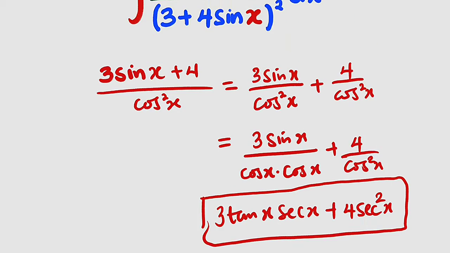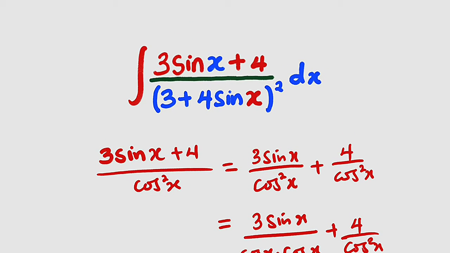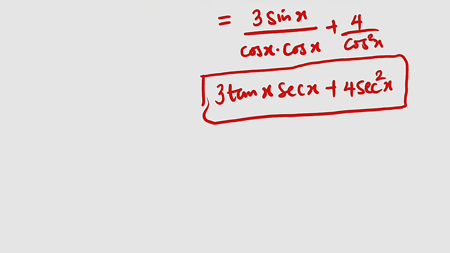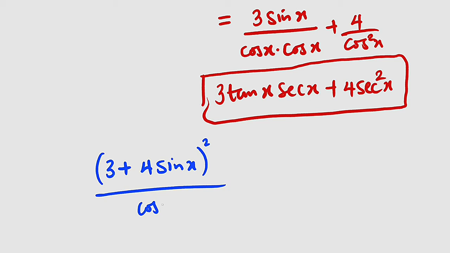Then for the denominator, we have 3 plus 4 sin x, whole squared. We want to divide this by cosine squared x. Apply one of the laws of indices: we can divide the input, keeping the exponent as constant.